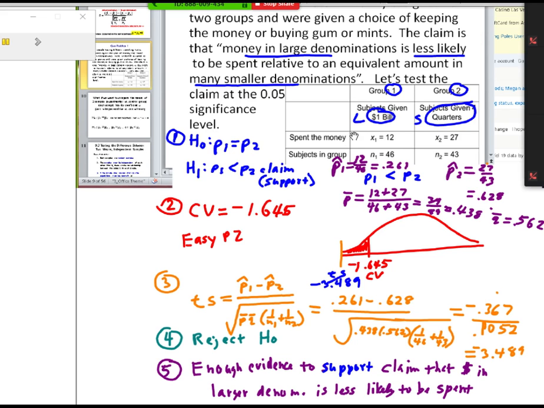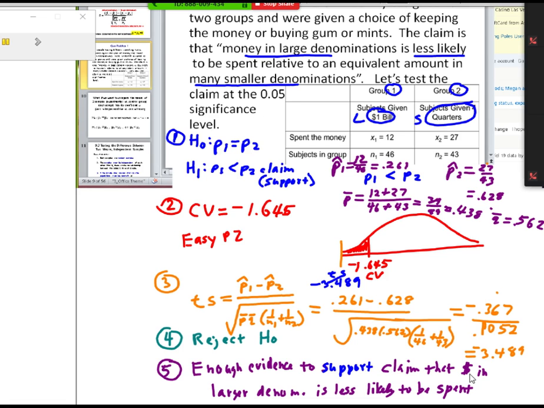So now we move on to our step 2, critical value. This is a proportion, so easy peasy, Z table, proportion Z table. I have alpha is 0.05, less than. If it's less than, that means it's left-tailed, so it's one-tailed. I'm going to draw my picture, shade to the left, one-tailed, Z, alpha 0.05.